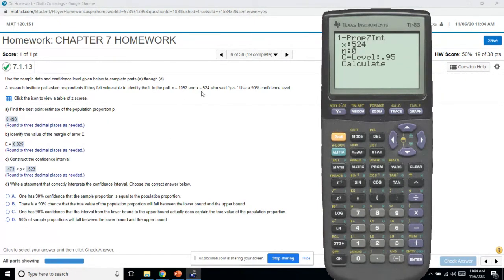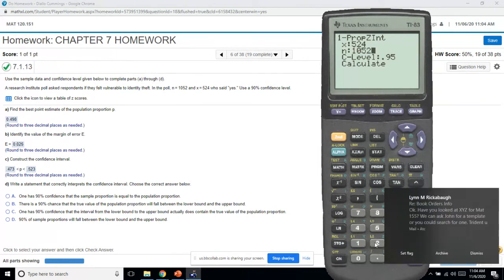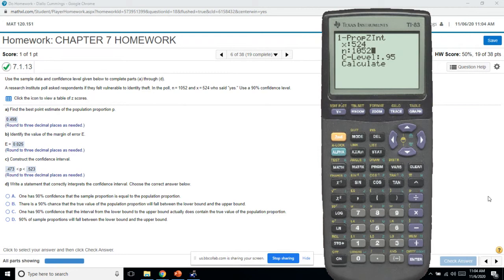It asks for N, and N is 1052. It also asks for a confidence level, so I'm going to change my confidence level to 0.90, and I'm going to calculate.